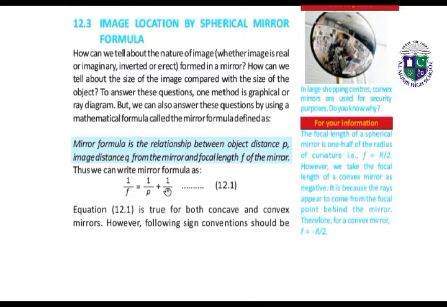You must remember all these things: p is the distance of the object, f is the focal length of the mirror, and q is the image distance. So equation 12.1 is true for both concave and convex mirrors.